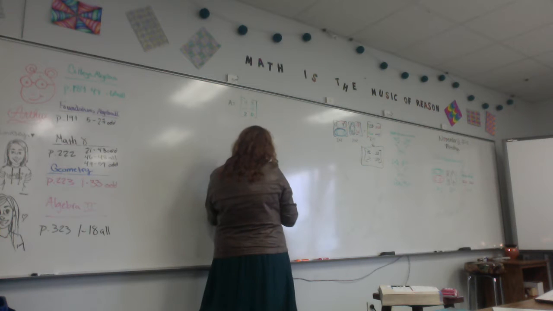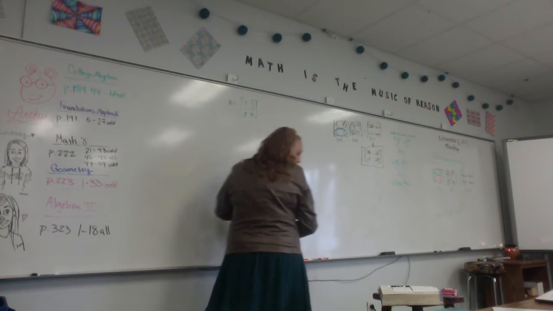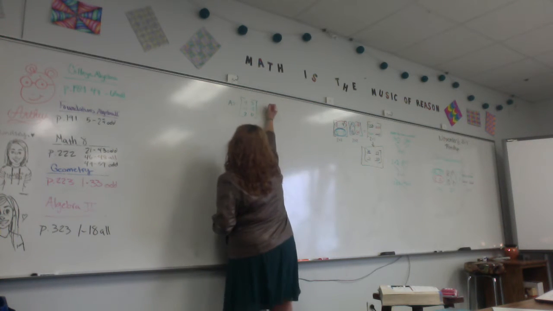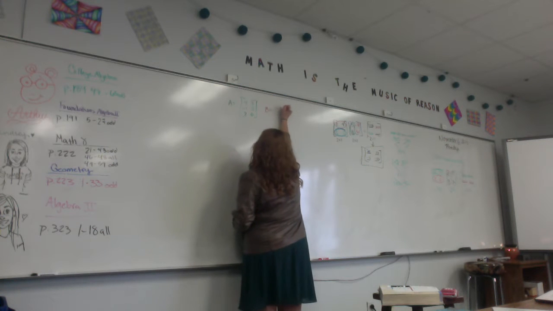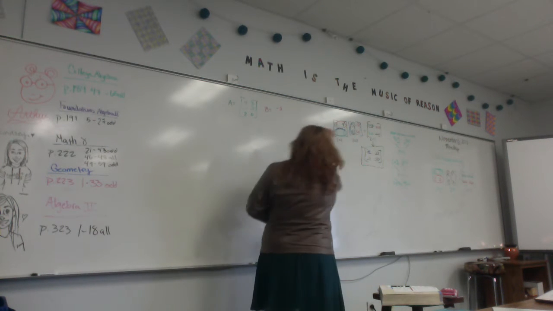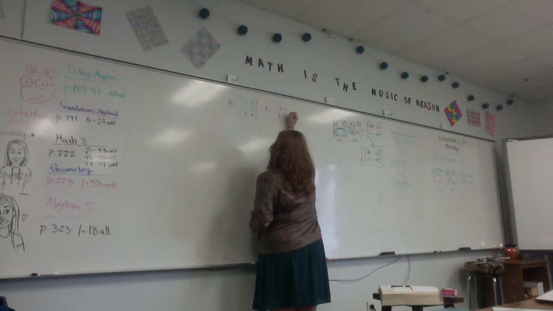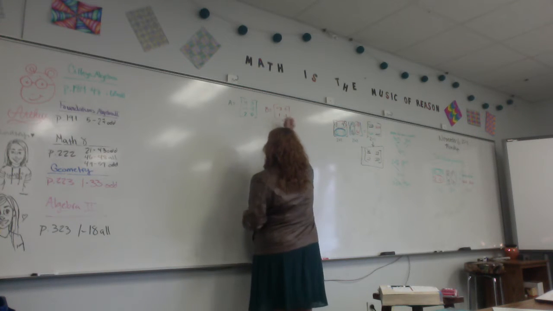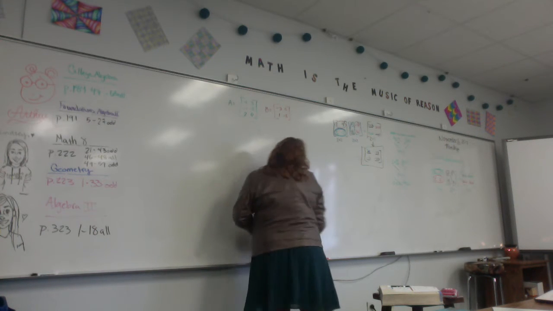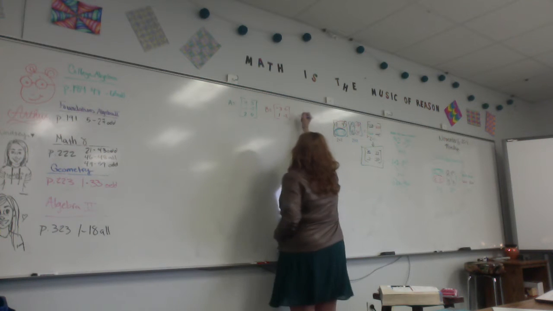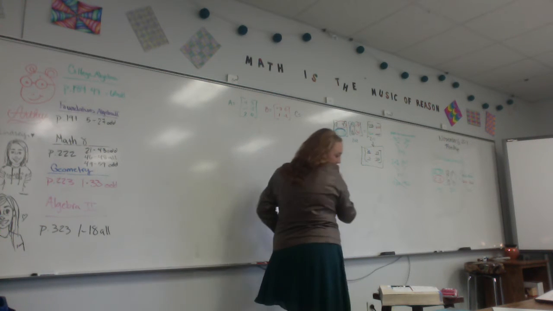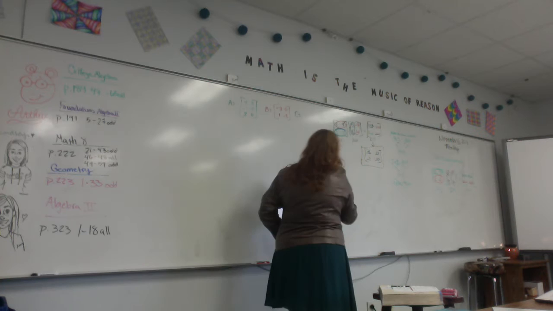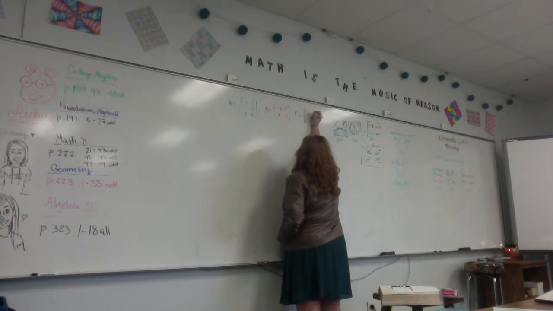Matrix B is going to say -3, 0, 1, -2. And matrix C is going to say 1, 4, -3, -1.